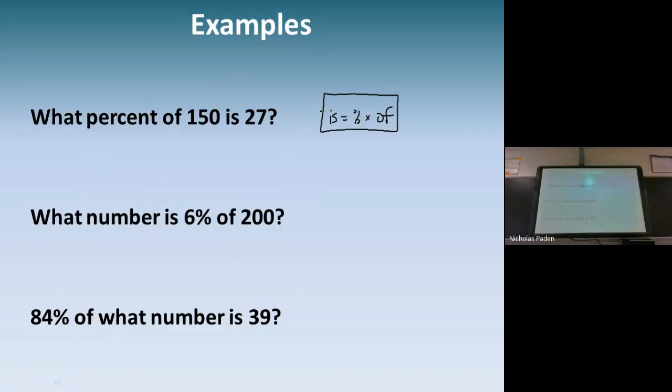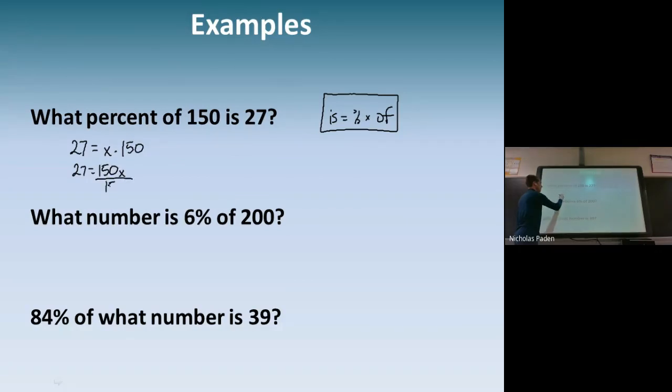Okay, so our first one there, what percent of 150 is 27? So we are going to make this equation. We're trying to find the percent. Is 27, so 27 equals percent x times 150. So 27 equals 150x.